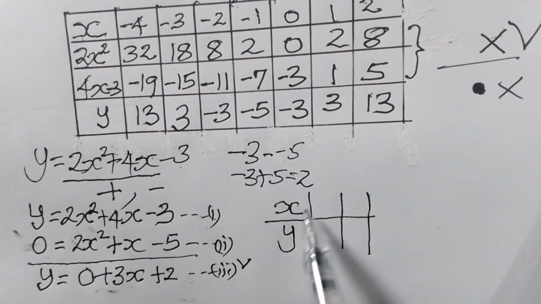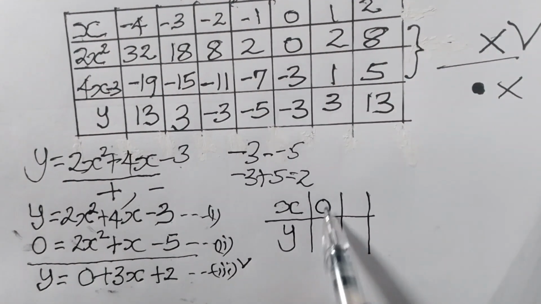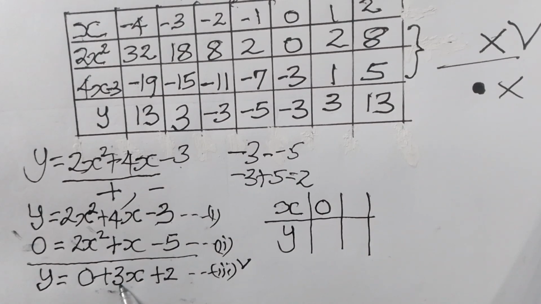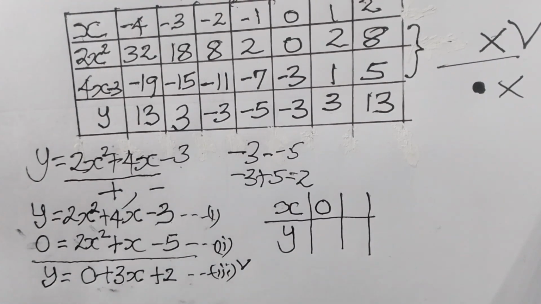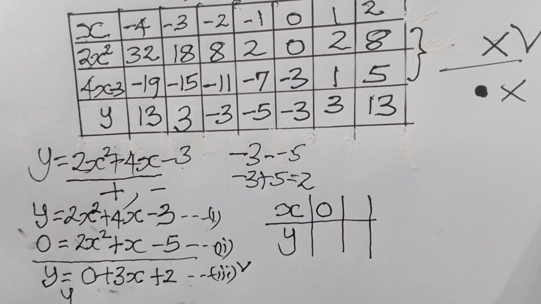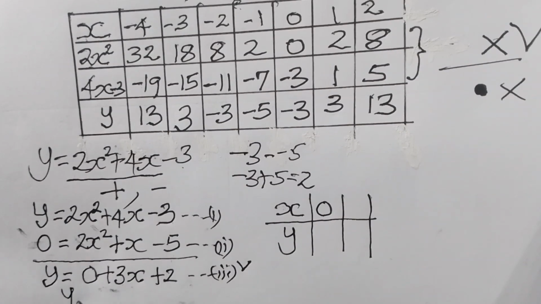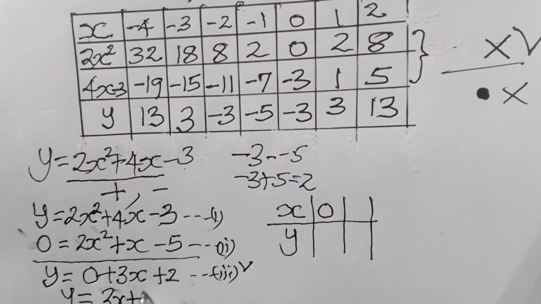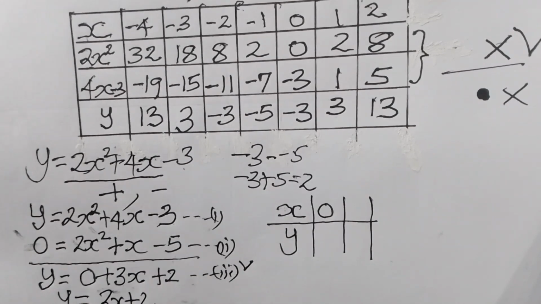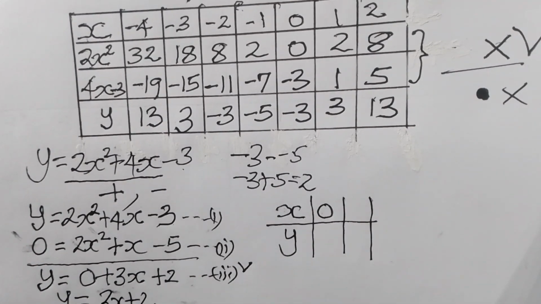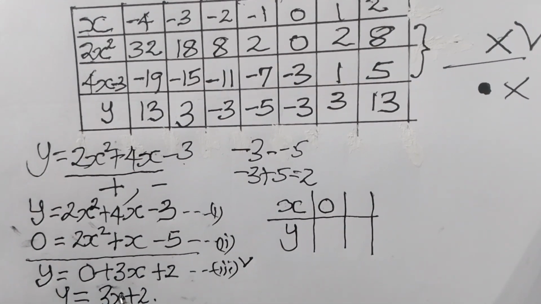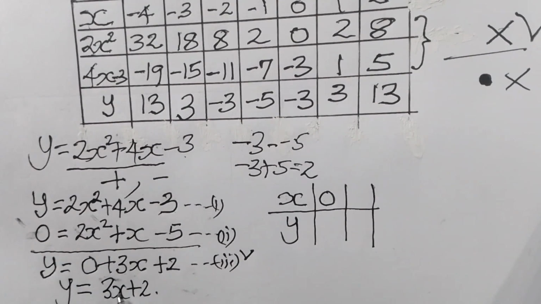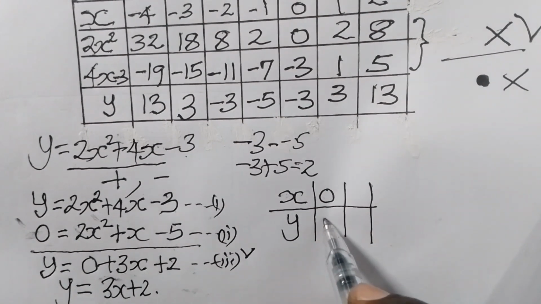So when x is equals to 0, substitute 0 into our linear function, y is equals to 3x plus 2. We are going to get when x is equals to 0, y is equals to 2.